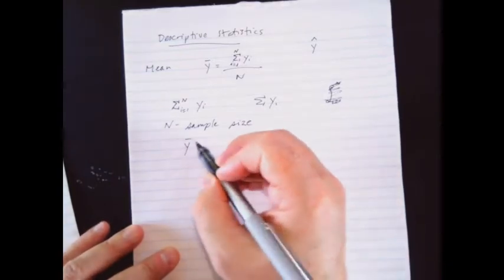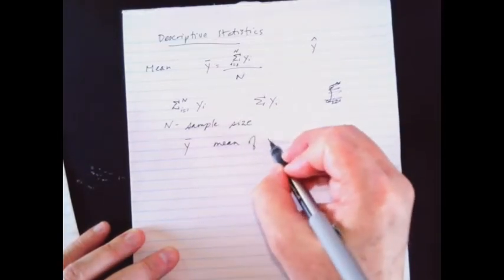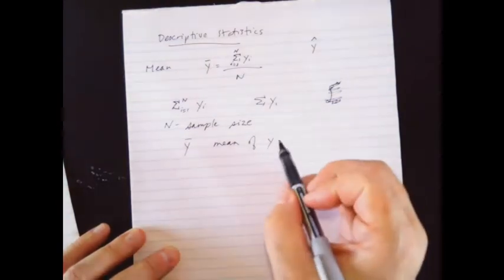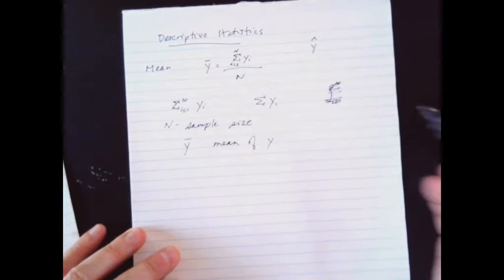So notation y bar refers to the mean of y. And a further bit of notation is if I just write the variable name, then I'm referring to that whole category of observations.